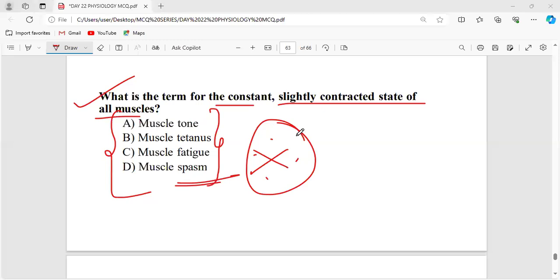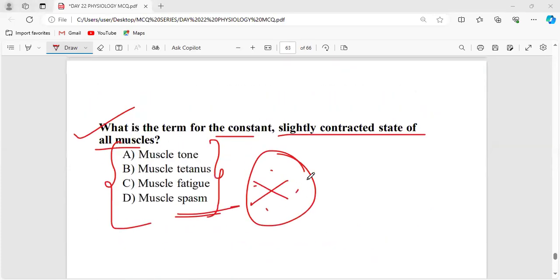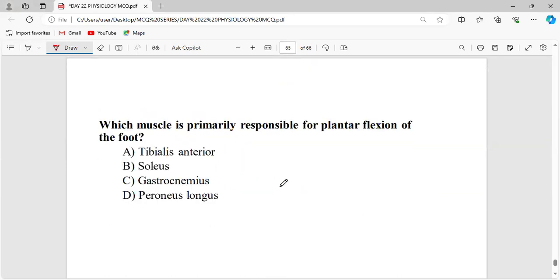Now, what is the term for the constant, slightly contracted state of all the muscles? It results in the muscle tone. It is a state of continuous and passive partial contraction of the muscle. This is what we call muscle tone. Like that, you have to know the meanings of all the other words.